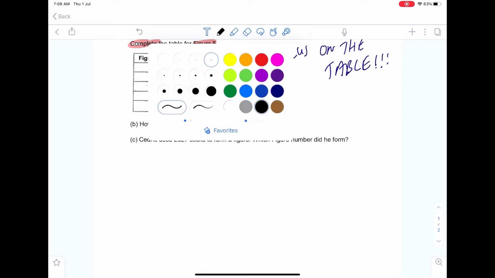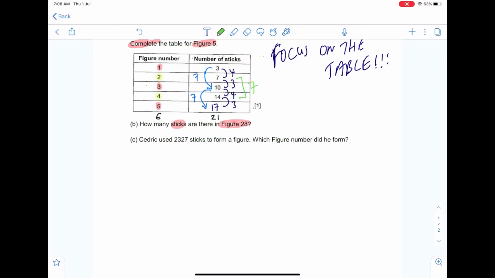Between 4 and 6, it will be a plus 7 as well. Between 14 and 21 is a plus 7. Alright, so take note when your differences are alternating, so 4, 3, 4, 3, or another example maybe 6, 5, 6, 5, 6, 5. Then observe the odd and even figures, because there is a relationship between the odd figures and separately between the even figures as well.